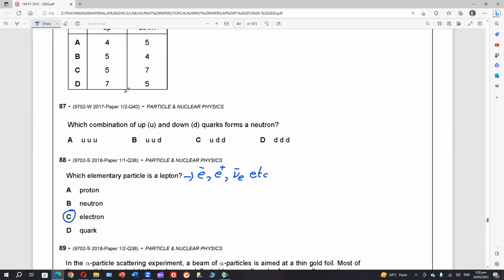Which combination of up and down quarks form a neutron? Sorry, I'm unable to hear you. Actually, I think I'm having an internet issue. You said, okay, fine. Neutron is UDD.